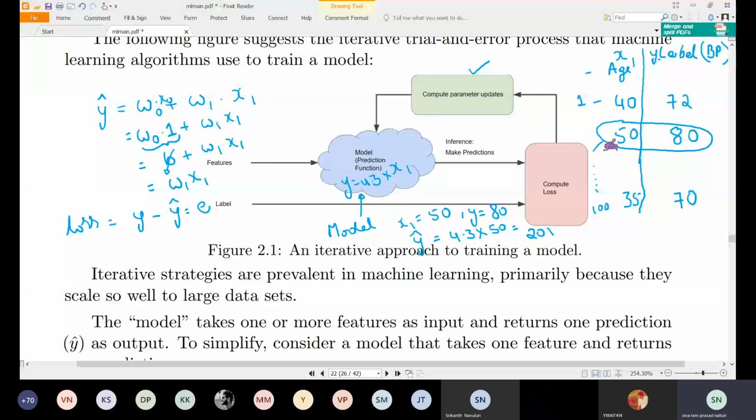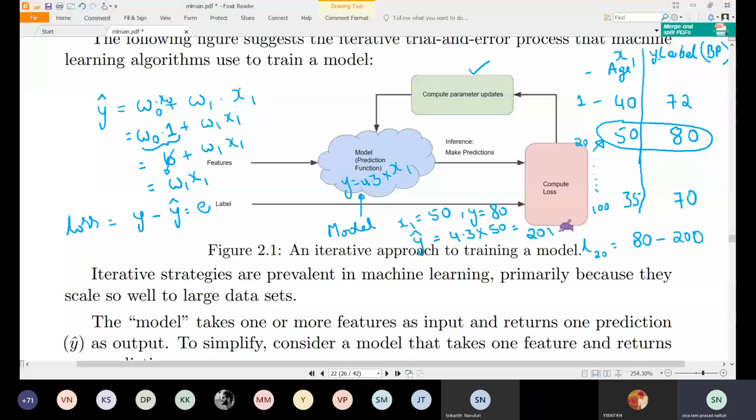What is the loss? Suppose if this is 20th example. So in case of 20th example, the loss is the difference between the actual blood pressure, which is 80, and the predicted value, which is 201. Okay, let us assume that the predicted value is 200.